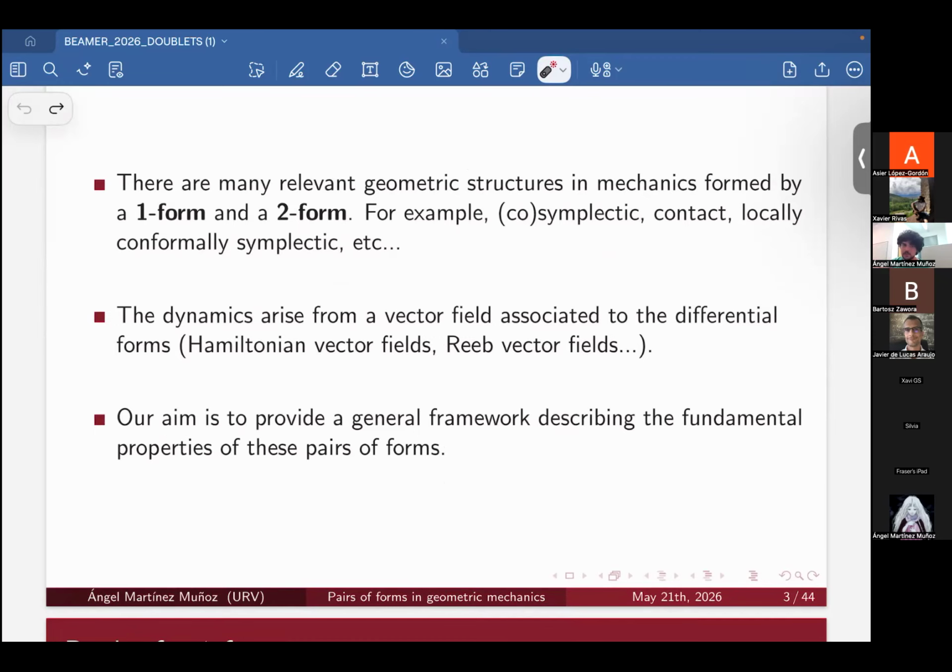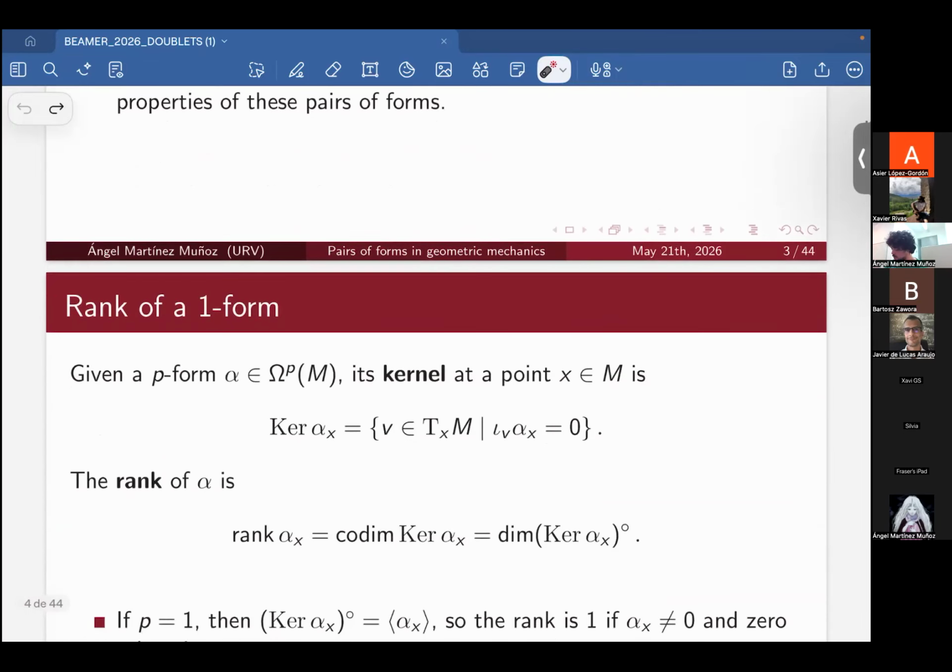So, where does that come from in a more general way? That's what we try to answer. And when you don't have Reeb vector fields, which is the case that we were studying originally, what happens? What do you have there? What would be the analog of that? That was one of our questions. And so, yeah, we try to give a general framework to study these geometrical structures.